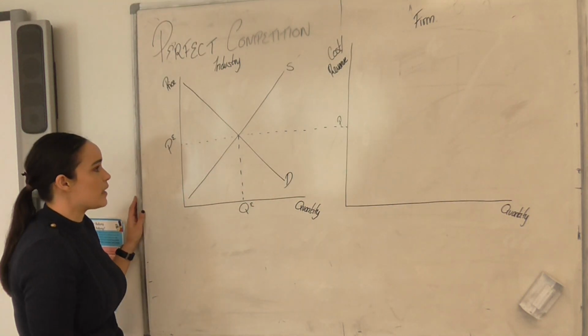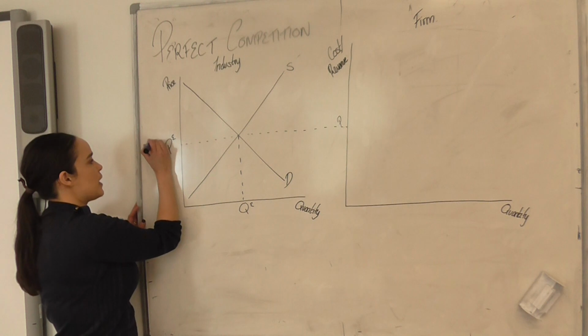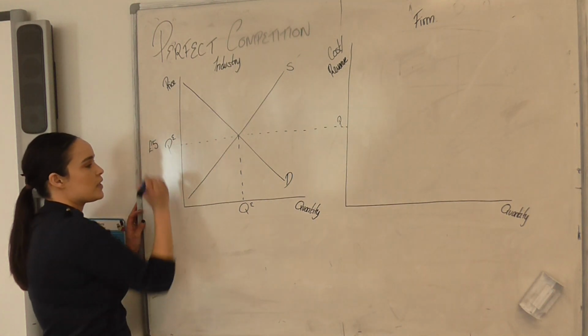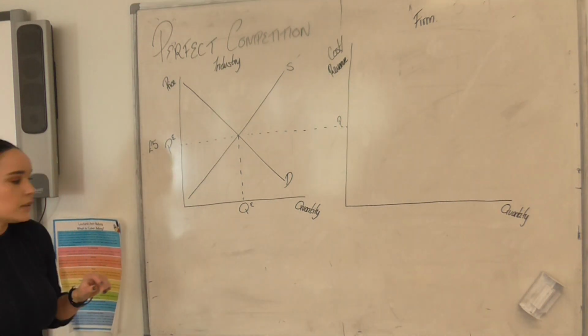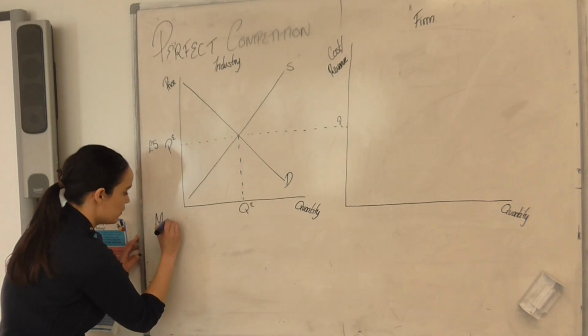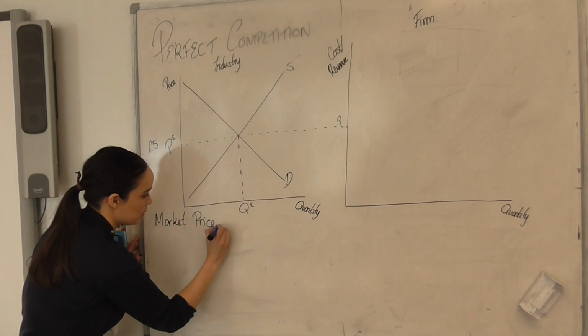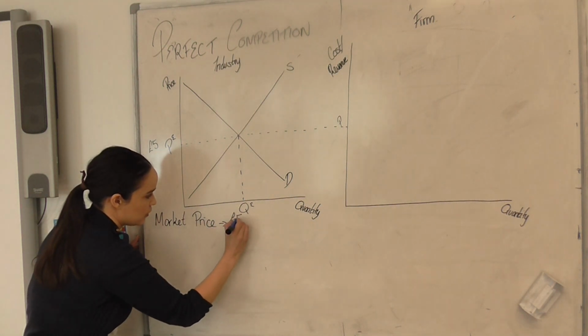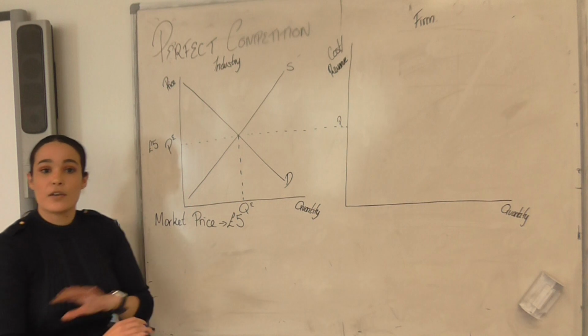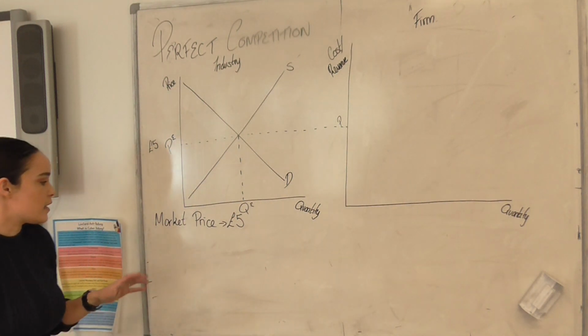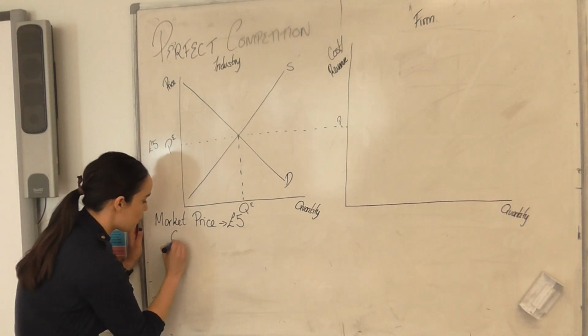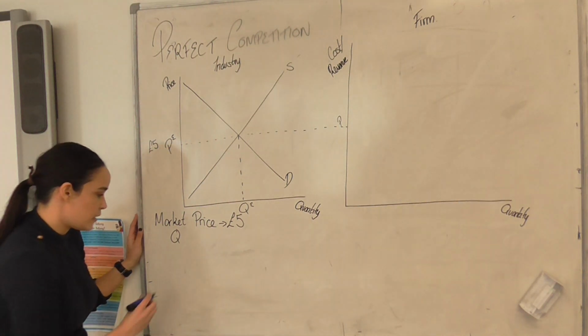So let's take a random price here and say that this market equilibrium for this good is £5. So we have a market price of £5. And the firm has no kind of control over setting their own prices. So let's have a look at the quantity they may sell in the market.